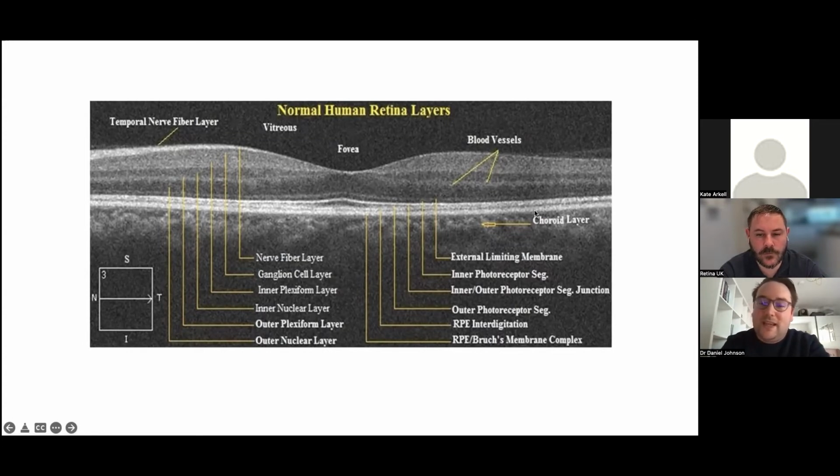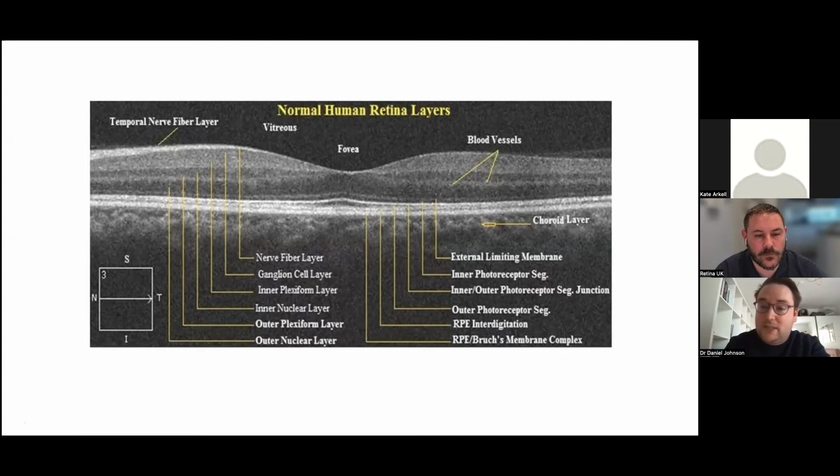And also these layers at the bottom, these three white lines here, are also very important. The bottom white line is our RPE, the retinal pigment epithelium. This is the layer which is supplying the retina with nutrients. And above that, we have the ellipsoid zone. That is really a marker of your photoreceptors, so how well these cells are working.